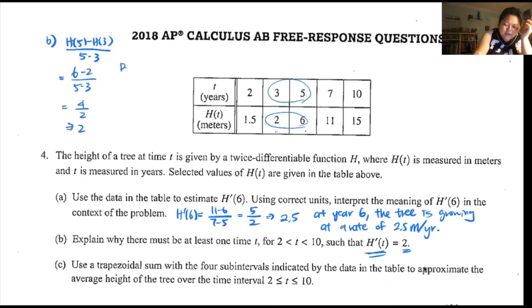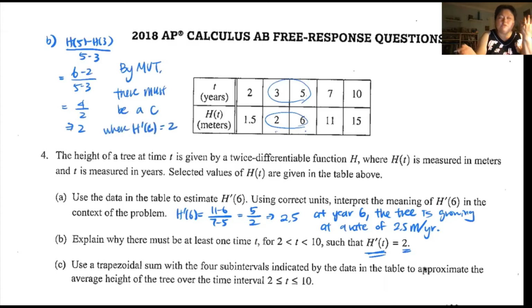So by the mean value theorem, there must be a c where h prime of c equals 2. Okay, so that's it.